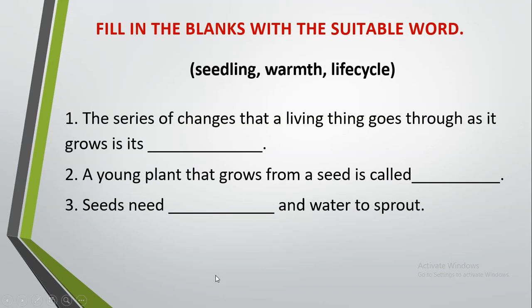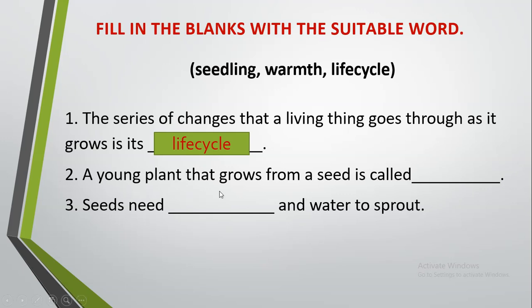To the next question, fill in the blanks with the suitable word. The words are seedling, warmth, life cycle. 1. The series of changes that a living thing goes through as it grows is its, what do you think? Life cycle. Excellent. 2.